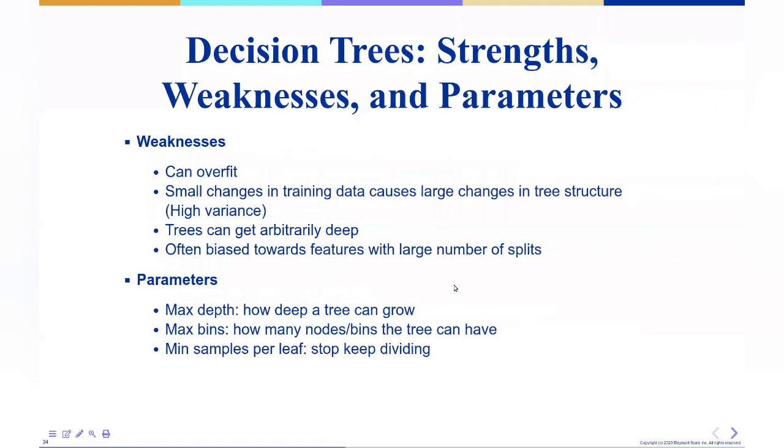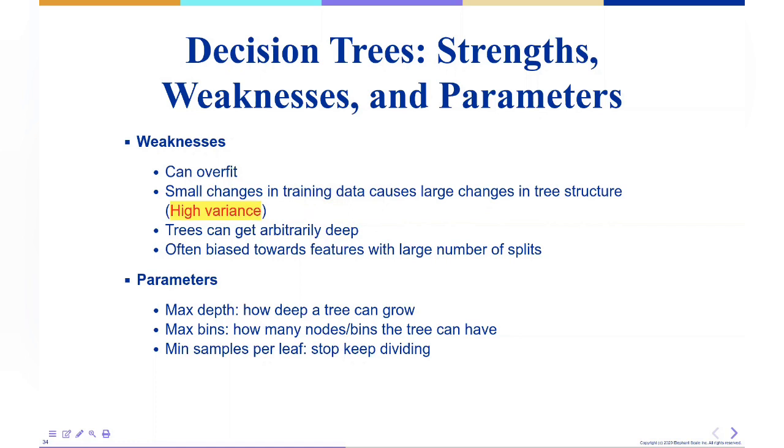The downsides: they tend to overfit. That's how the algorithm works. Also, imagine you're creating a tree and your training data changes. It may upset the whole tree structure, because trees are very volatile. In machine learning terms, we call this high variance, meaning the model will change drastically for changes in the input.